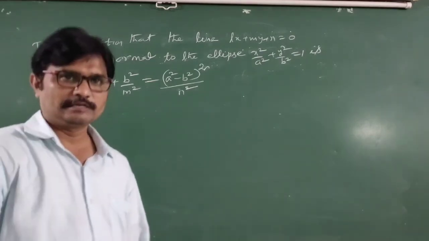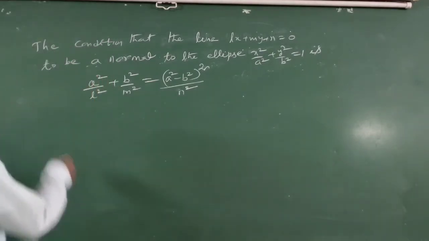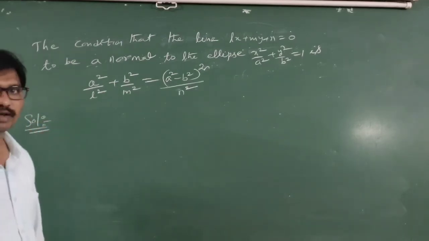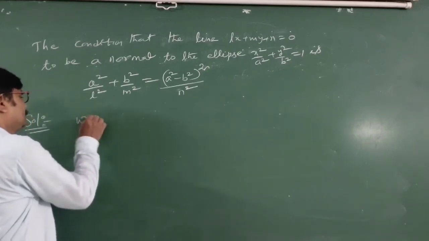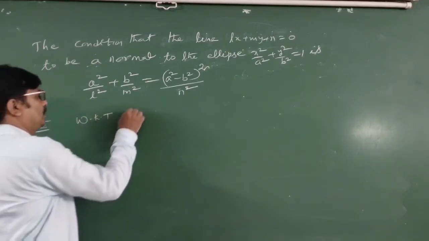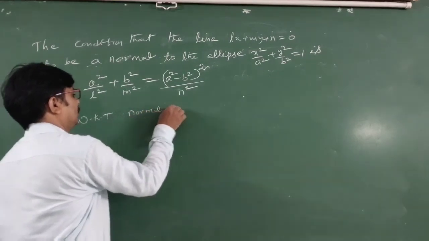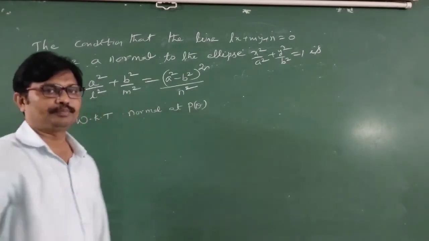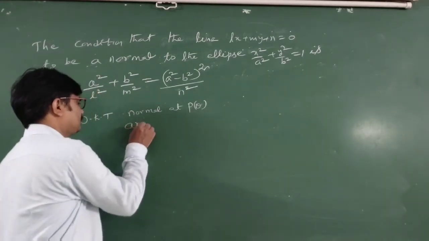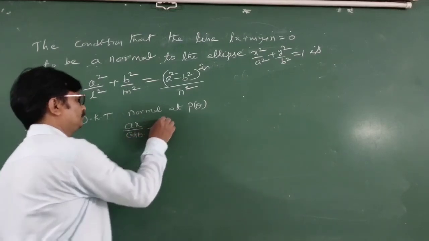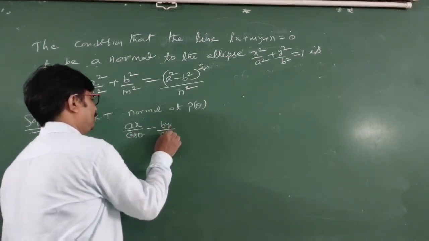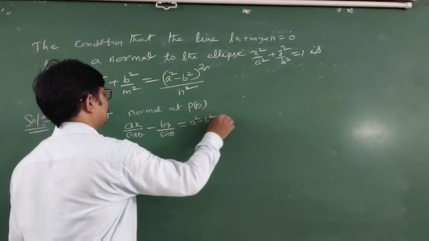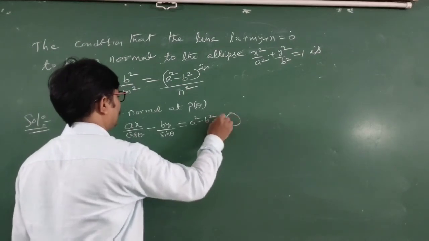How can we prove this? We know that the normal at P(θ) to the ellipse is ax by cos θ minus by by sin θ equal to a² minus b². Call that equation 1.